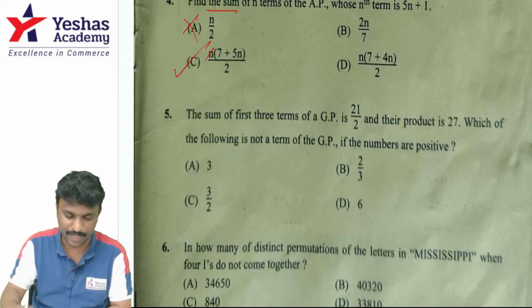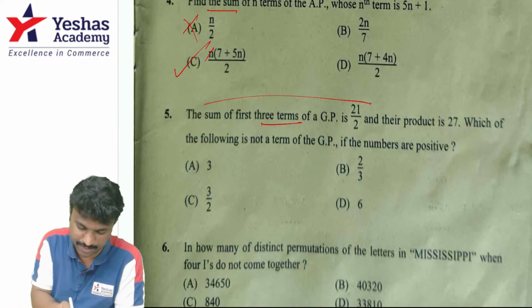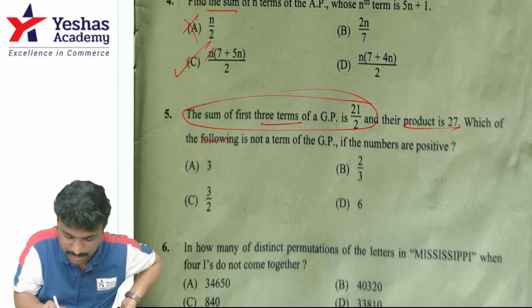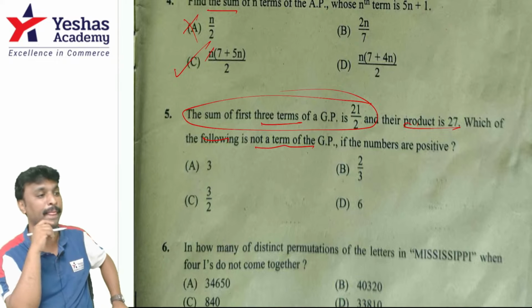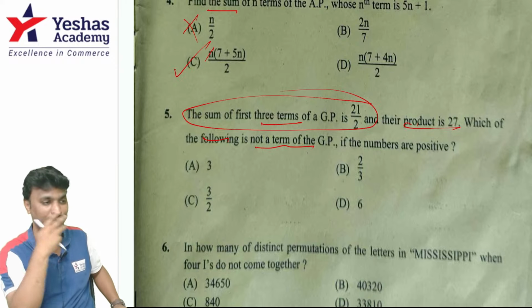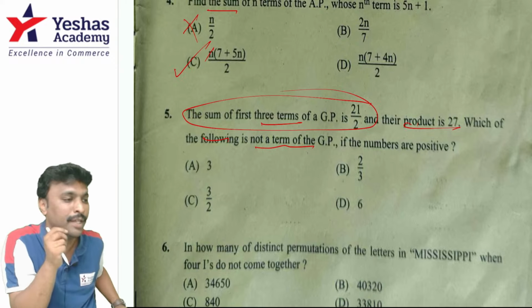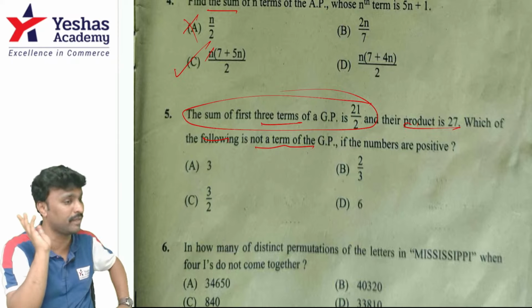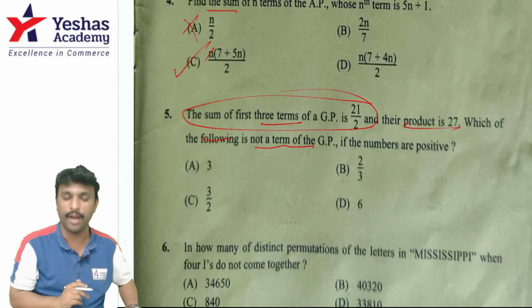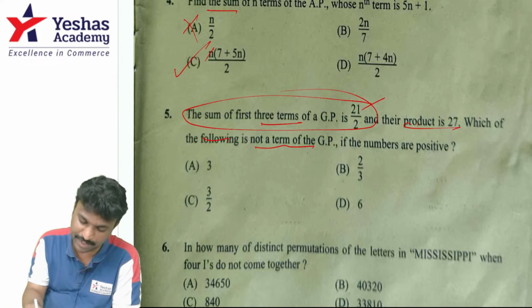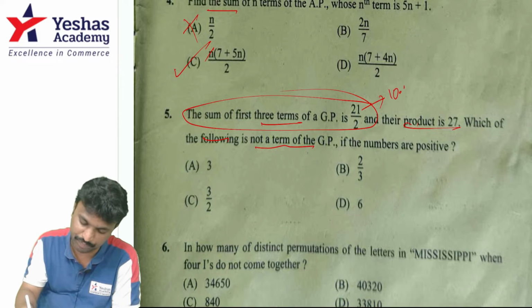The sum of the first 3 terms of a GP is 21 by 2. Their product is 27. Which of the following is not a term of the GP? There is only one option which is not a term among the 3 terms. If I exclude that, the remaining 3 are definitely the 3 terms of the GP. So just hit the options. The sum is 21 by 2, which is 10.5.